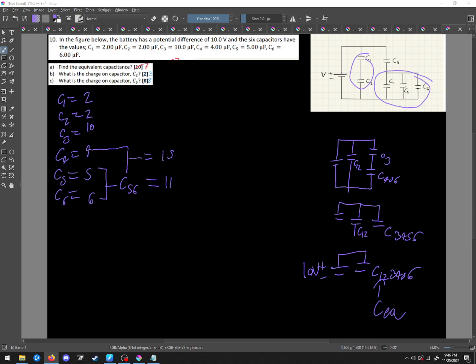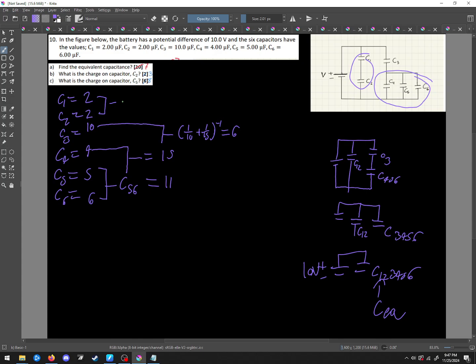Now we're hitting our first series. So when we add 10 to this for the equivalent, this is 1 over 10 plus 1 over 15, inverse, which in my calculator I'm getting 6. And now 1 and 2 we said were in series.